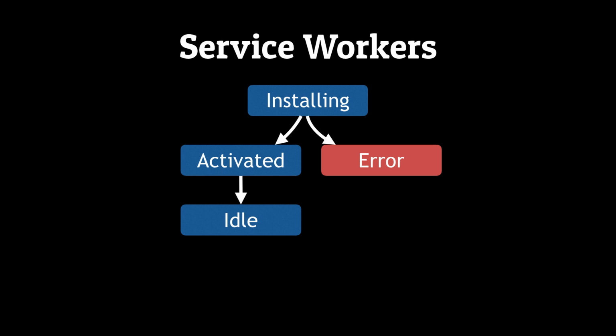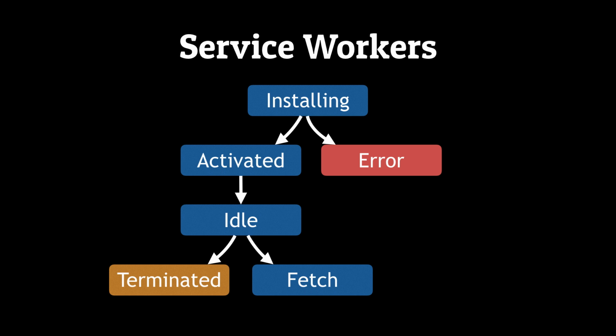Once activated, the service worker becomes idle and then can respond to any fetch requests. In the event that there are no pending fetch requests that the service worker is currently handling, and no pages are currently consuming the service worker, it becomes terminated and then returns to an idle state upon revisiting that page and triggering a navigation event.